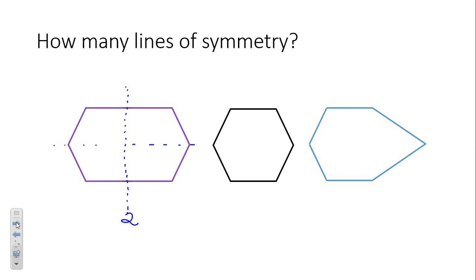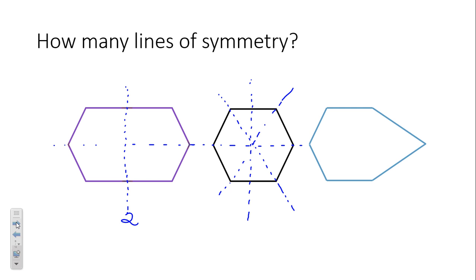Next one, what do you think? One down the middle. Okay, I agree. Horizontal. That's 2. Diagonal, that's 3, because if we can go from point to point, we better be able to go from vertex to vertex. That's 3. Other diagonals, 4.